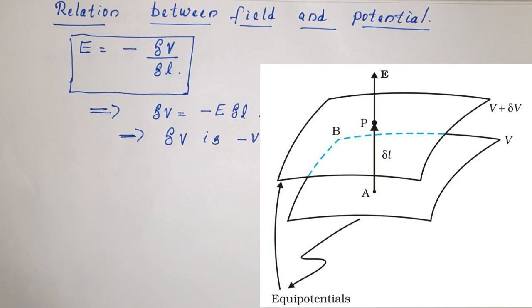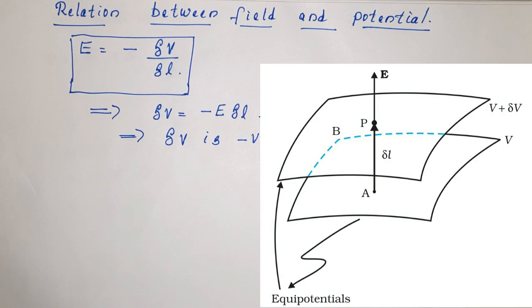Now you look in the diagram once more. Electric field is in the upward direction. That means this is a conclusion which we are making from this equation. We already obtained the relation between E and V, and one more conclusion we can make here. What is the direction of the electric field? In the diagram it is shown in the upward direction, and in that direction, what about the potential?